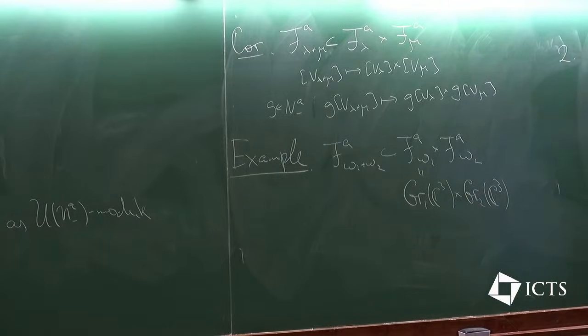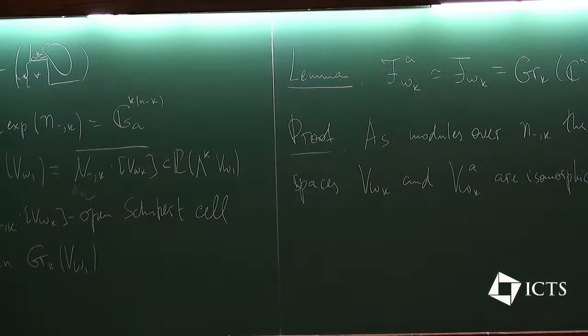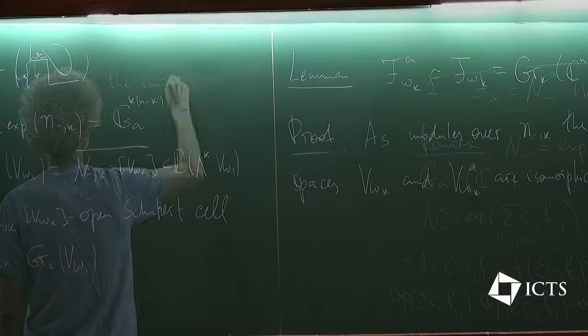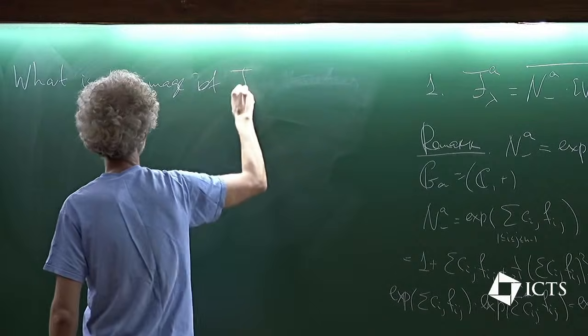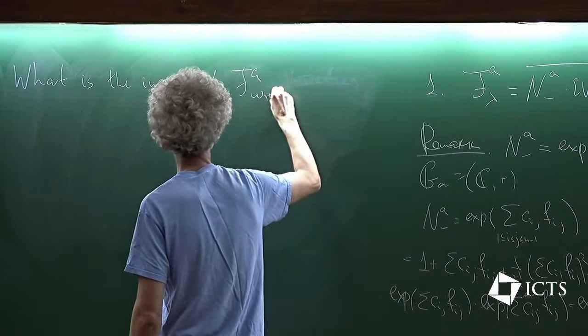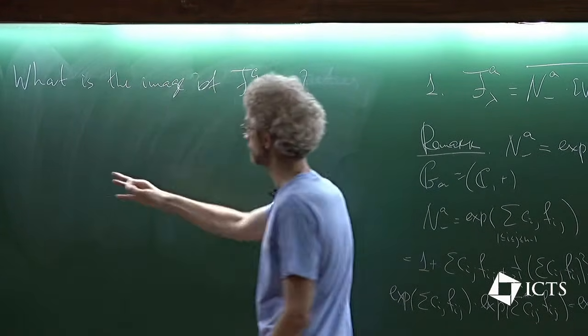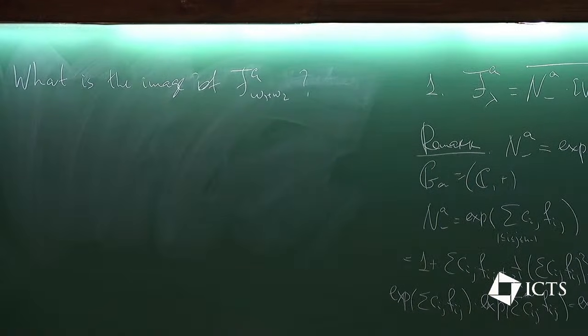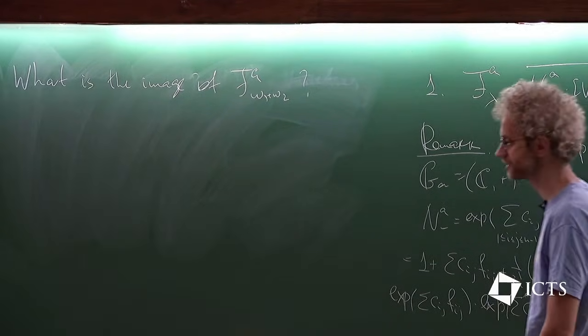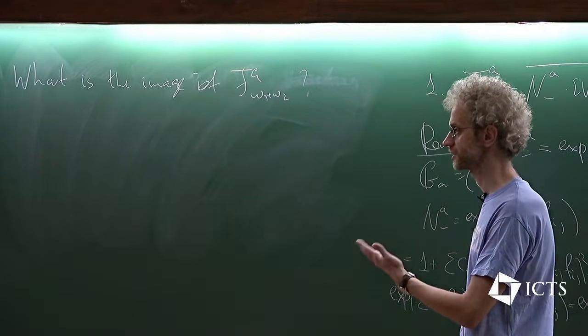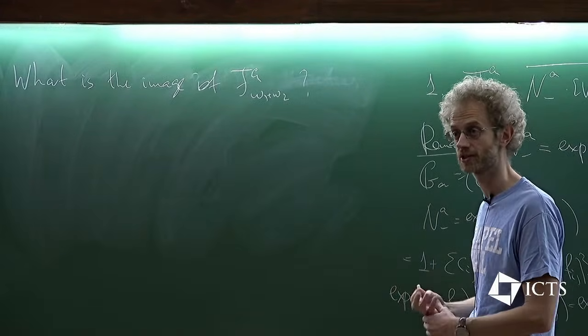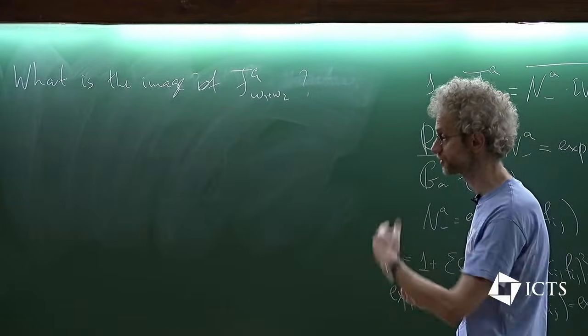The question: what is the image of F^a_{ω1+ω2}? Right, so we have this variety sitting inside the product of two Grassmannians. So we can ask how it sits there. What pairs of points belong to this F?